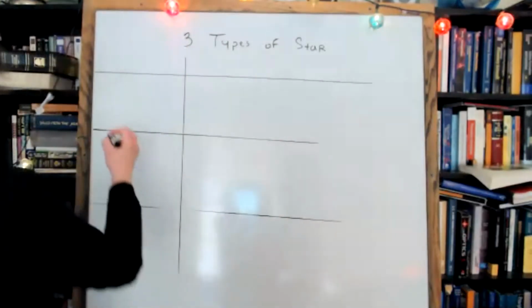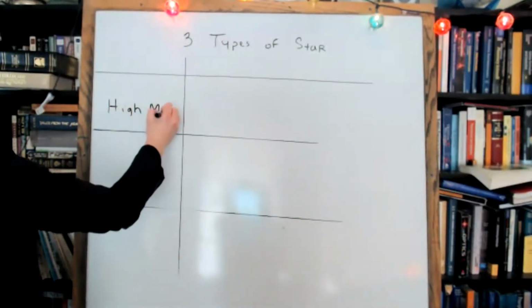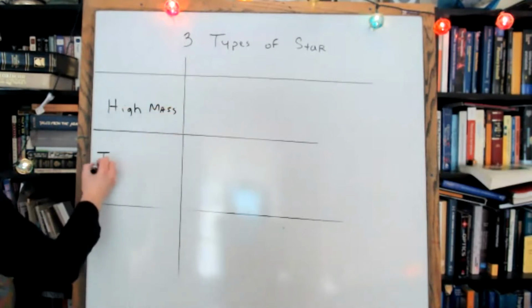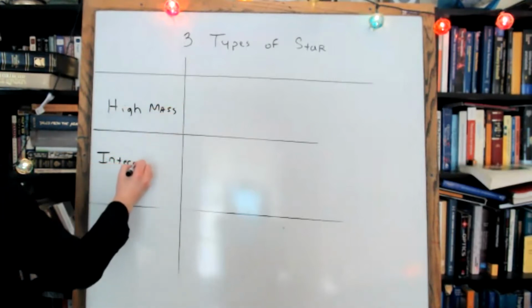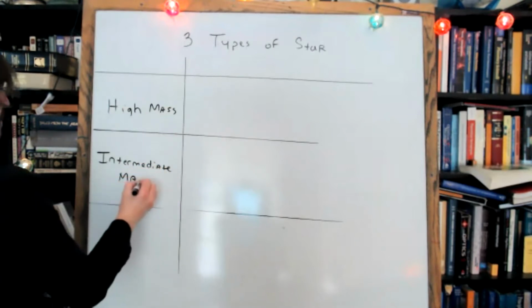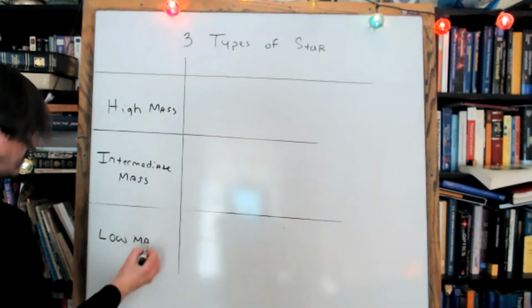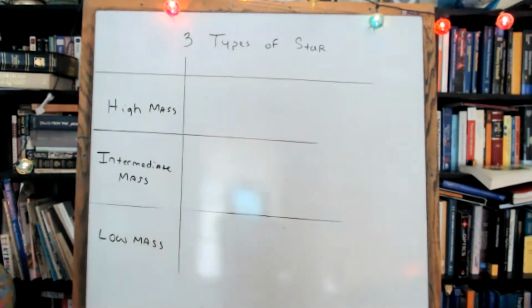So we have high mass stars, what we would call intermediate mass stars, and then low mass stars.